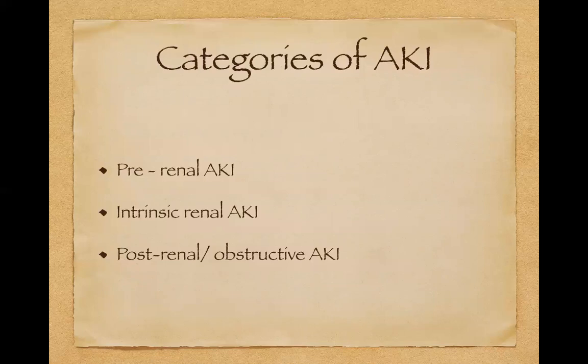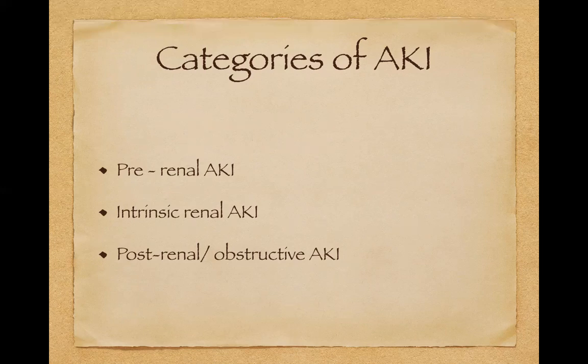Especially in our patients. So let's say somebody's presenting with septic shock, how might there be a combination of these factors? With septic shock, they can definitely have a pre-renal component, but they can also have an intrinsic renal component as well, because sepsis causes damage to the kidney itself.